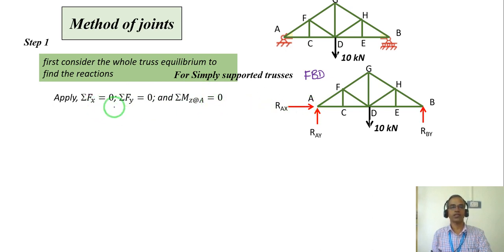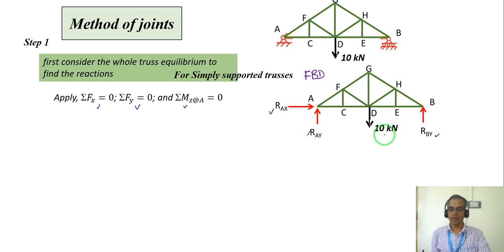Why do we apply 3 equilibrium equations? Because these forces are non-concurrent. See, this force is coming here, this force is going this side, this joint force here. So they are non-concurrent. Non-concurrent coplanar forces will have 3 equilibrium equations. Once this is done by 3 equilibrium equations, and I have 3 unknowns, RAX, RAY and RBY, I can find them.